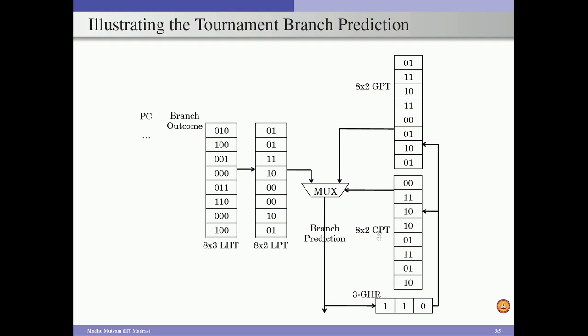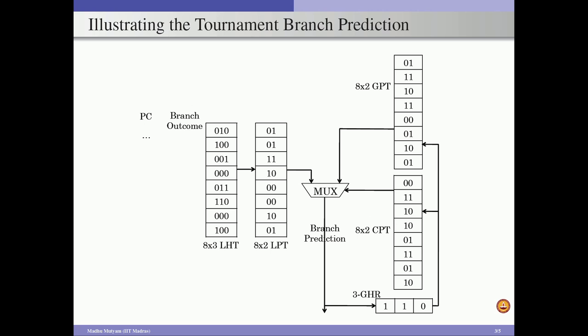There is a choice predictor which also has 8 entries, each with 2 bits, and we consider a 3-bit global history register. And so, we are going to make the prediction for a given branch based on the decisions provided by the local prediction table and the global prediction table, and also taking the feedback from the choice predictor table.